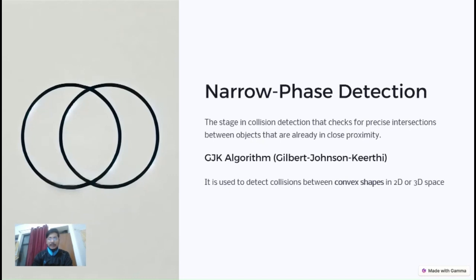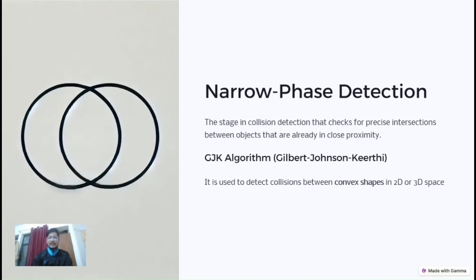For this narrow phase detection, we take the help of the GJK algorithm. Many more algorithms are there, but it is the most efficient algorithm till now. It is named after its three authors, Gilbert, Johnson, and Keerthi. So, let's dive into the GJK algorithm.